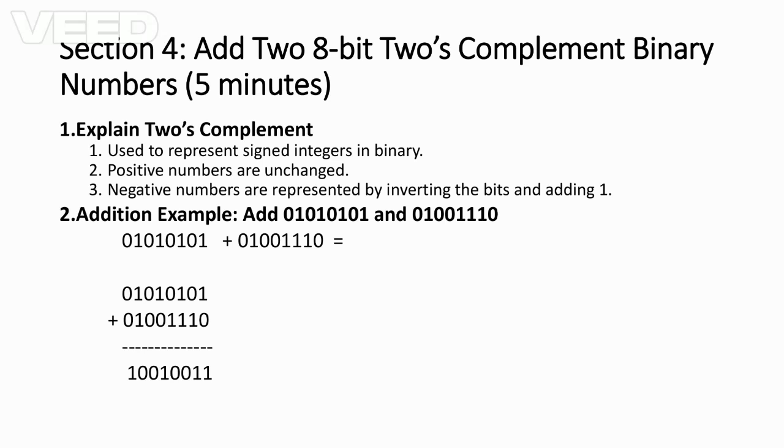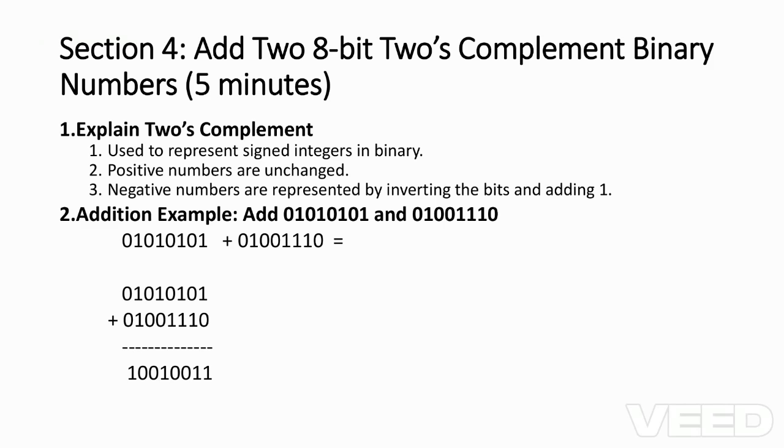So, an example of addition of two binary numbers is the same as writing it like addition in our normal decimal system.